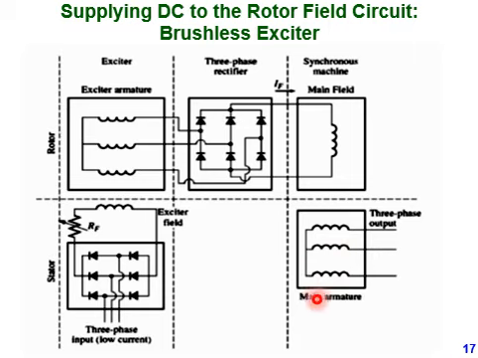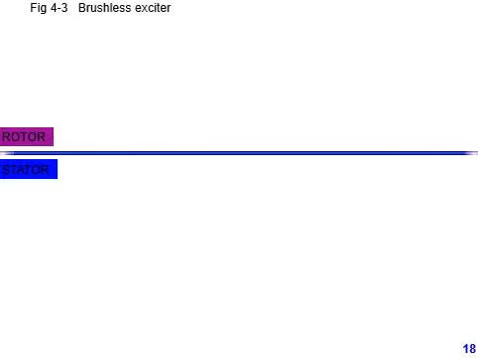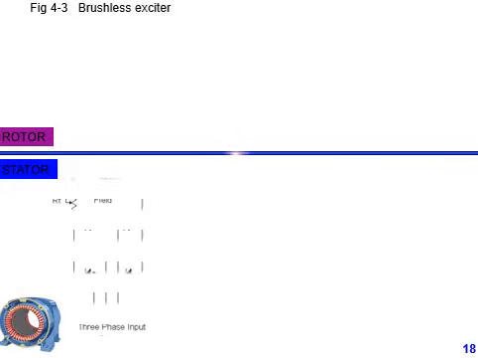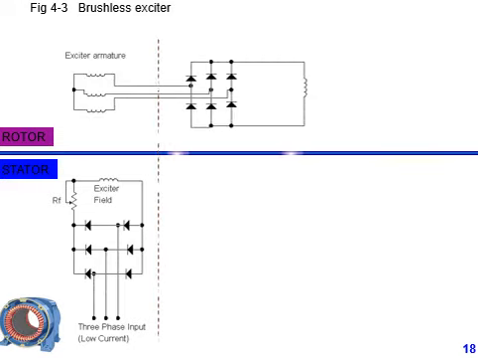On the next slide we will see this in a more simplified fashion. So this is again the same figure but simplified. The upper half is the rotor part and the lower half is the stator part.